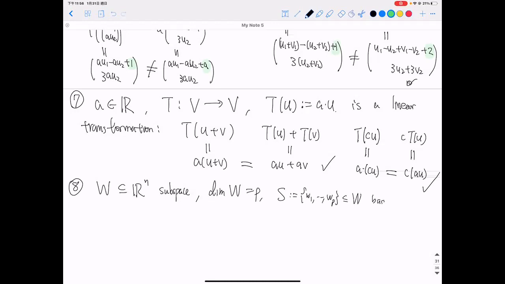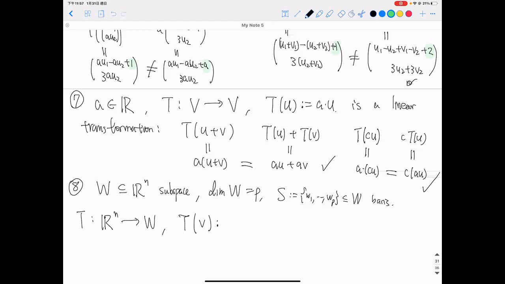Then define T that goes from Rn to W by the following operation.